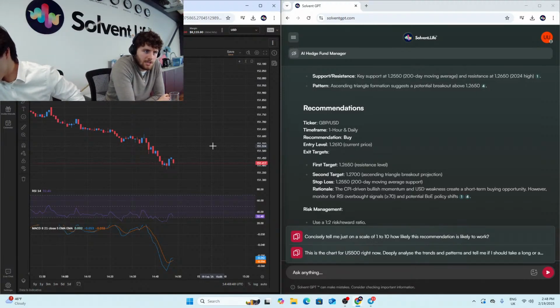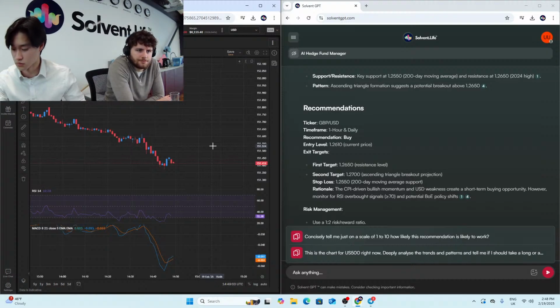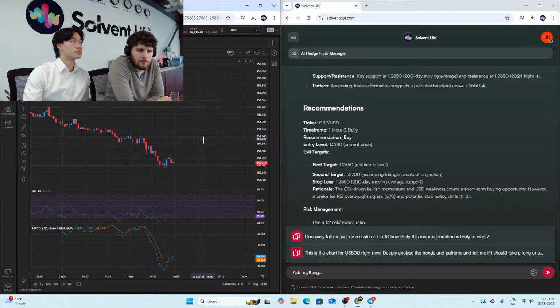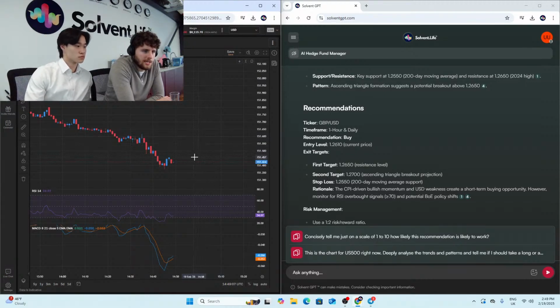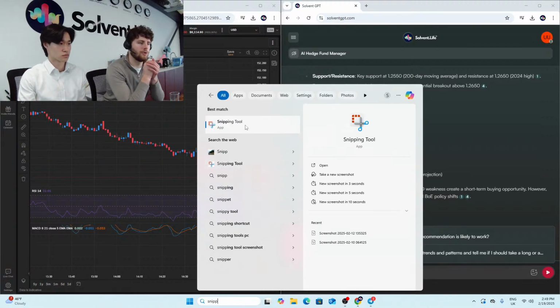We have two exit targets. 1.2610. Our first target is 1.2650 and then 1.2700. Fantastic. So we have a trade here. Risk management, use a 1-to-2 risk reward ratio. So we could set this trade up, or at least have a look before we leave.